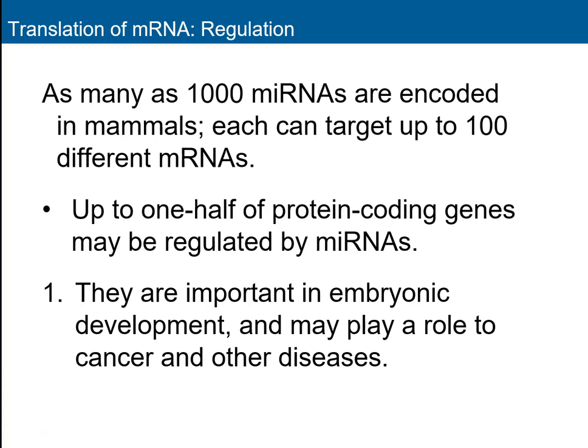There are many of these, and I think we probably said this before. It says as many as 1,000 microRNAs are encoded in mammals, and each one of those can target up to 100 different mRNAs. So they play a big regulatory part. It says they're also important in embryonic development and may play a role in cancer and other diseases.